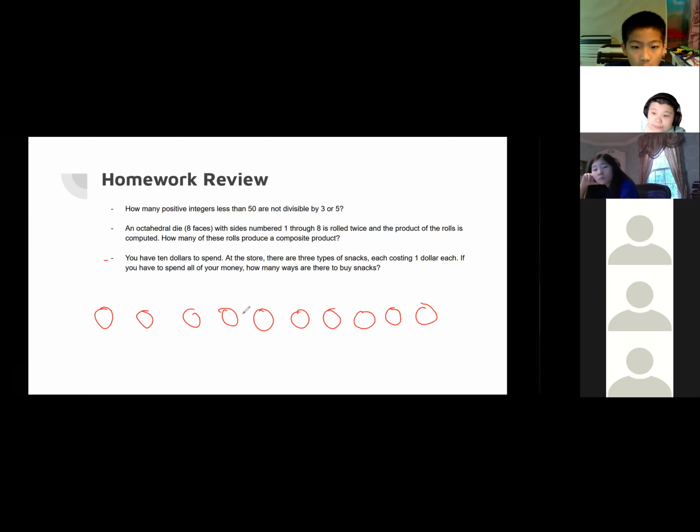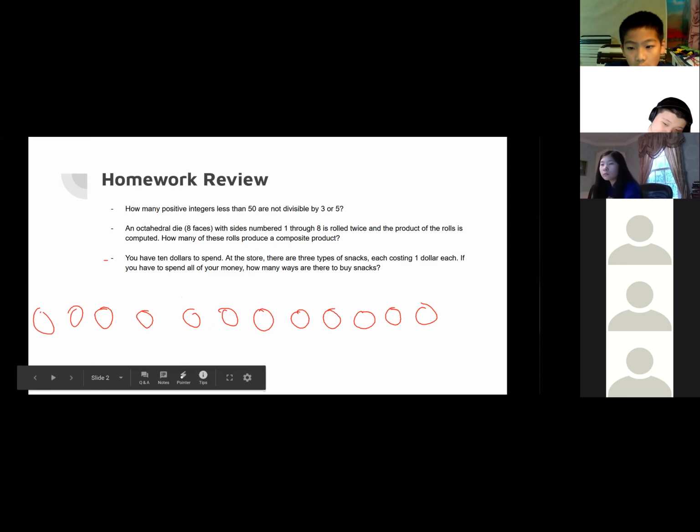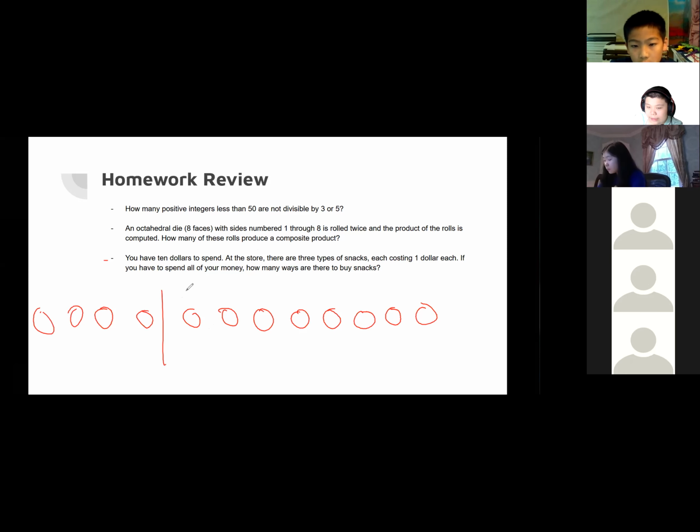So this is equivalent to putting two dividers somewhere, and because these two dividers can be between the same two circles, you could think of it as instead having 12 spaces, and choosing two of these to be dividers. You can see how this works similarly.